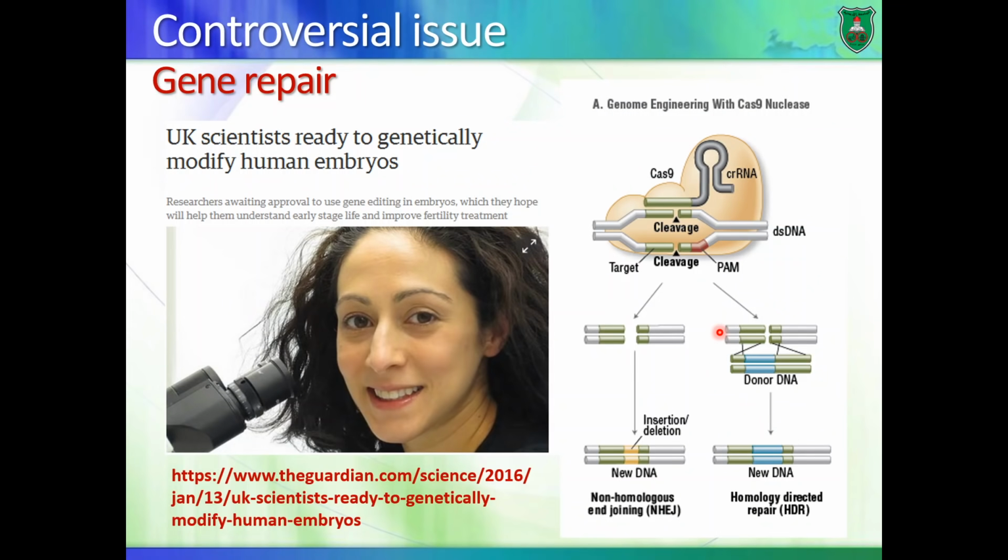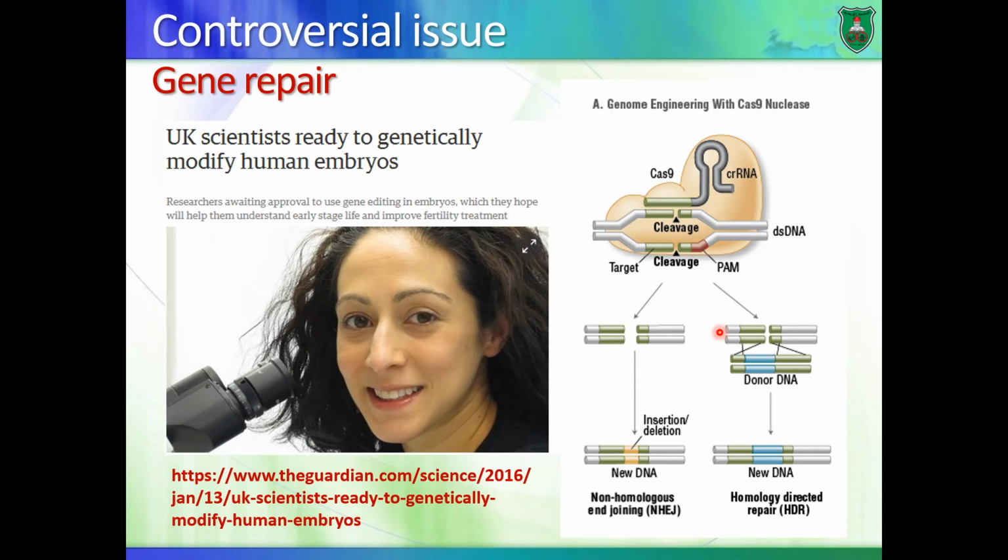And I'd like to end by talking about this controversial issue. This was a scientist who worked a few years ago who decided to study genes that are important for embryonic development. So she wanted to work on fertilized eggs in the early stages.